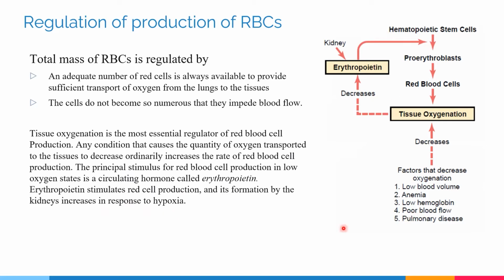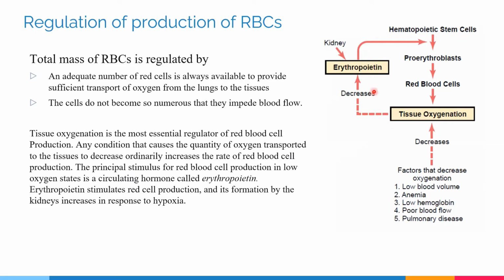So here we have the flow chart of how exactly this happens. In case there are some factors that decrease oxygenation, such as low blood volume, anemia, low hemoglobin, poor blood flow, or pulmonary disease, all of which decrease the oxygen transported to the tissues, there is a decrease in tissue oxygenation.